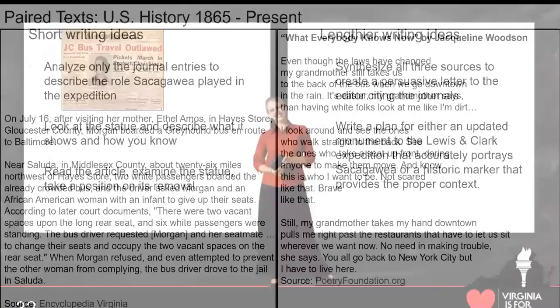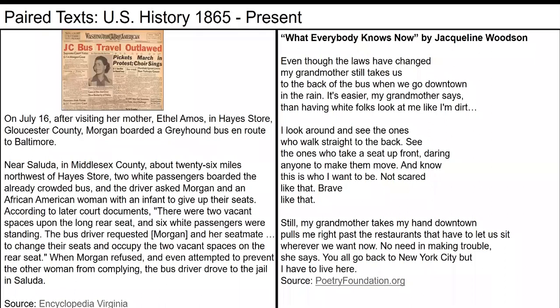So next is another example from U.S. history from 1865 to the present. On the left is an excerpt in a newspaper image from Saluda in Middlesex County, rather, about an individual named Irene Morgan who got on a bus in Petersburg and was asked to give up her seat.